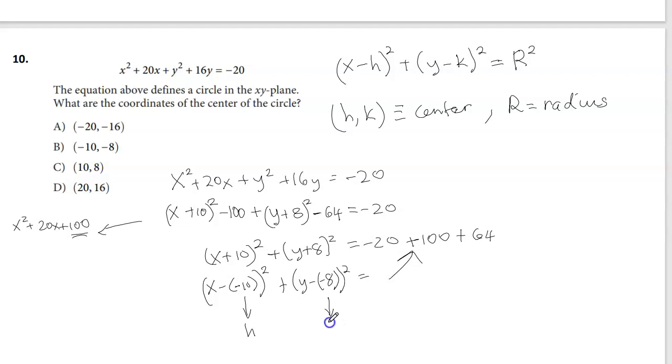So this is the k value. So in effect, this is the center of the circle, right? H is equal to minus 10, k is equal to minus 8. All right. So this brings us to the end of our 10-question run.